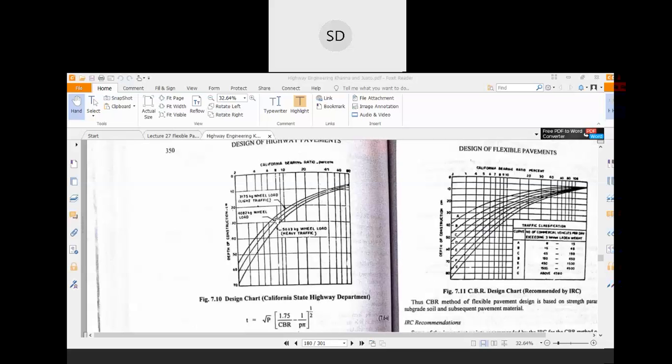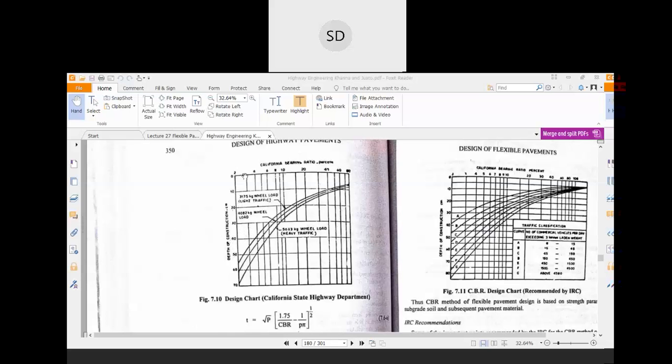For medium traffic, the middle one is your curve, and your CBR value is given as 5%. So for 5% CBR and medium traffic, your section would be 38 centimeter. Okay, so this is simple.